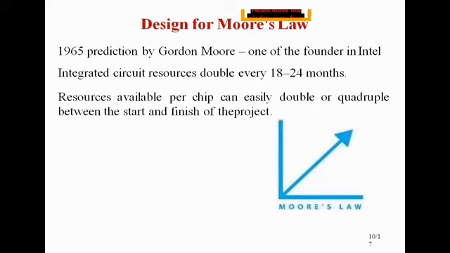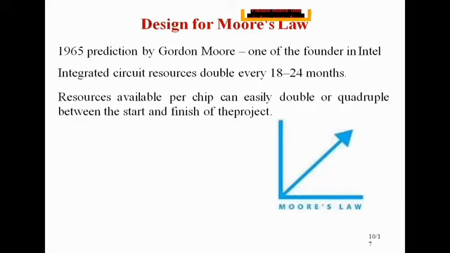First one we will go with is design for Moore's law. This law states that integrated circuit resources, that is the number of transistors inside it, double every 18 to 24 months. The computer designers need to keep Moore's law in mind whenever a computer is entering the market.